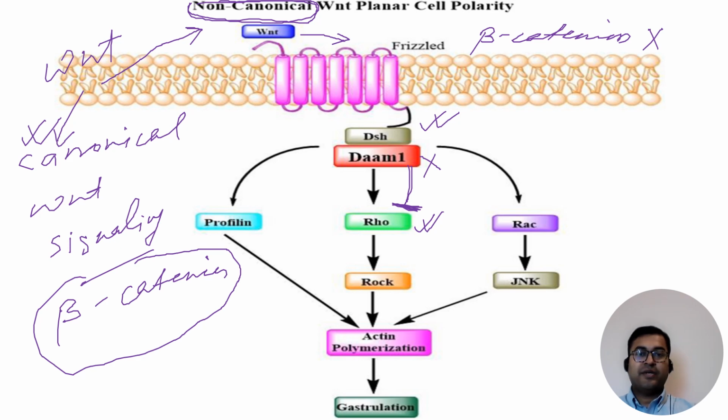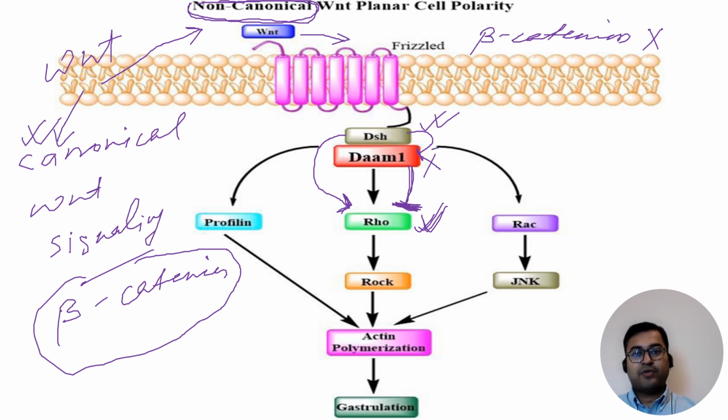So Disheveled mediates the de-inhibition of Rho by DAAM1. Since DAAM1 is the inhibitor of Rho, and Dsh is the inhibitor of DAAM1, Disheveled acts as an activator of Rho. So in the presence of activated Disheveled, the Rho protein is activated.